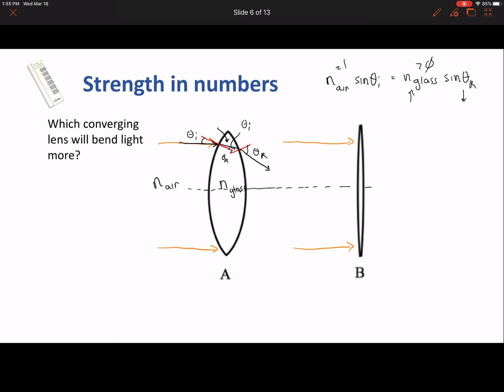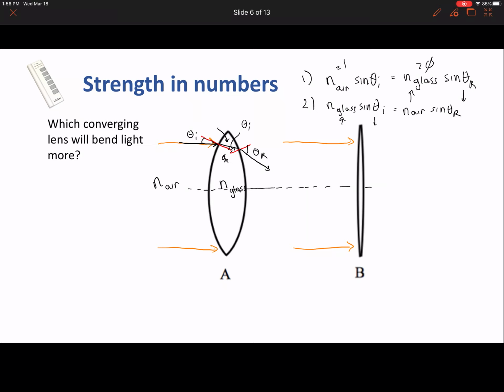So now, in this case, I have n glass sine of the angle of incidence, and n air sine of the angle of refraction. So this is at face 1, this is at face 2. Because this is larger, this will be smaller. The angle of incidence will be smaller than the angle of refraction. So at both faces, this beam coming in parallel to the principal axis is bent down toward the principal axis.